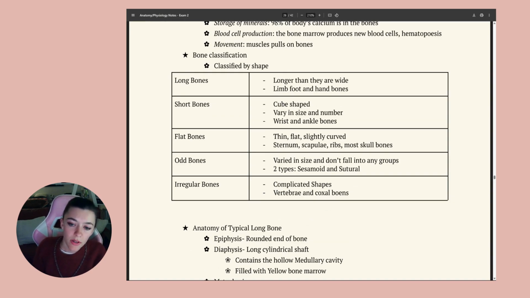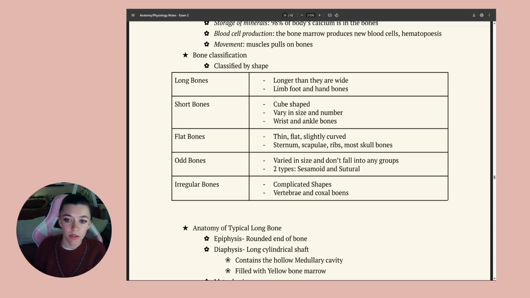Short bones, often they're cube-shaped. They vary in size and number. And an example of these are going to be your wrist and ankle bones, your tarsals and your carpals. You know how those look. That's an example of that. Flat bones, they are thin, flat, and slightly curved.